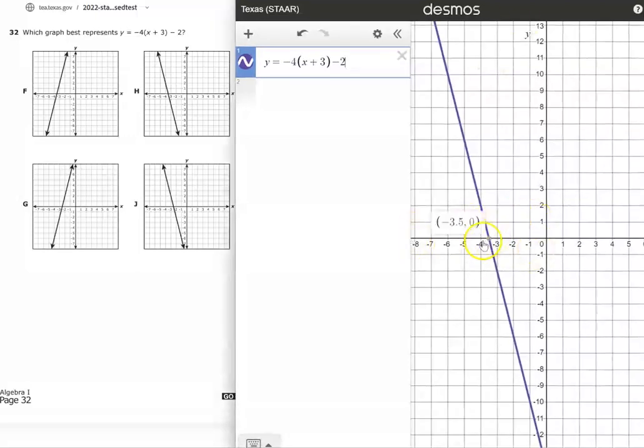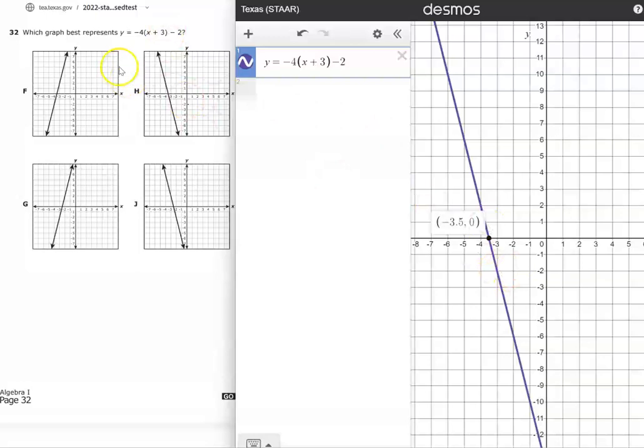Now, one way you can see is to click on this graph for your x-intercept, and it appears that the graph is crossing between -3 and -4, and it's -3.5. So you want to make sure that the graph is crossing between -3 and -4, and this line for H is doing that, but the line for J is actually crossing between -2 and -3.